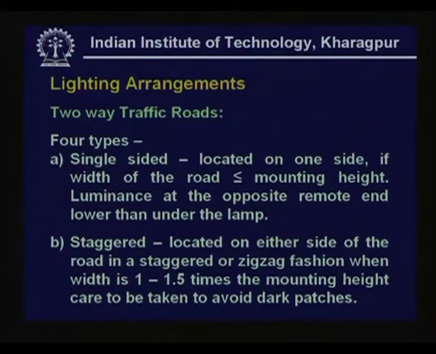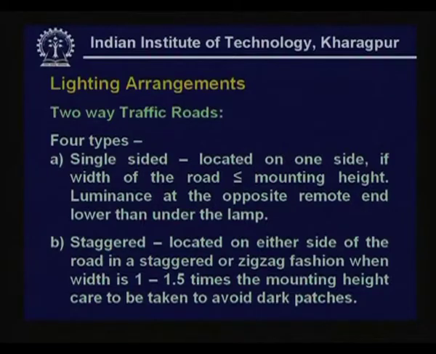Consider the situation where there are two-way traffic roads. In order to control the traffic in cities, we do have one-way roads as well. There are 4 arrangements. The first one is single-sided.